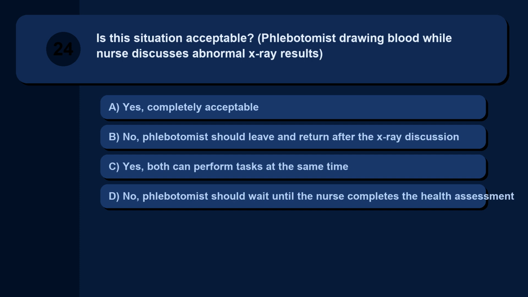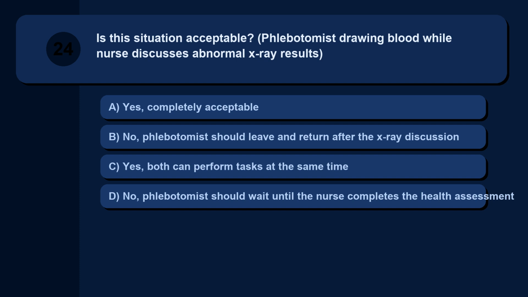Question 24. Is this situation acceptable? Phlebotomist drawing blood while nurse discusses abnormal X-ray results. Yes, completely acceptable. No, phlebotomist should leave and return after the X-ray discussion. Yes, both can perform tasks at the same time.